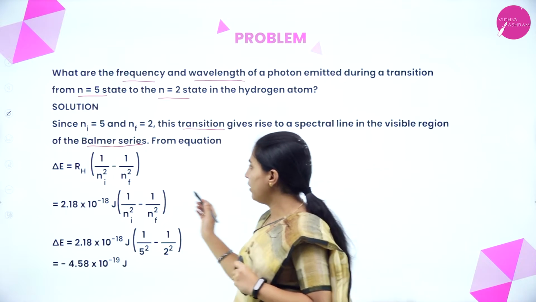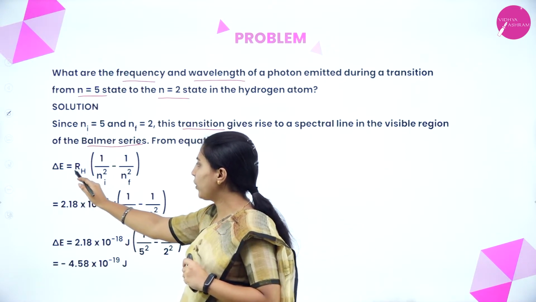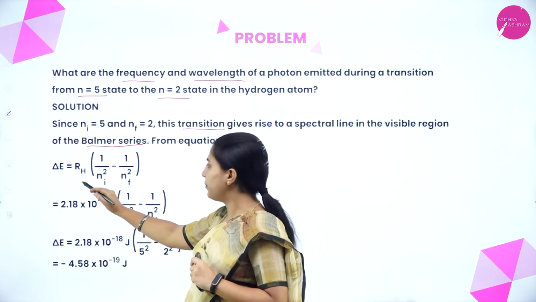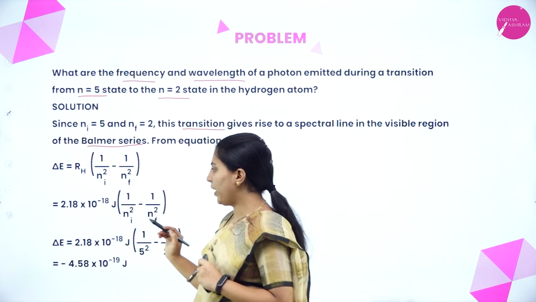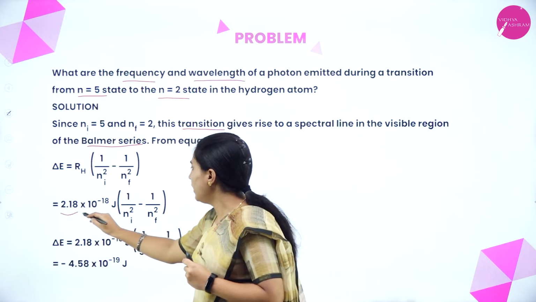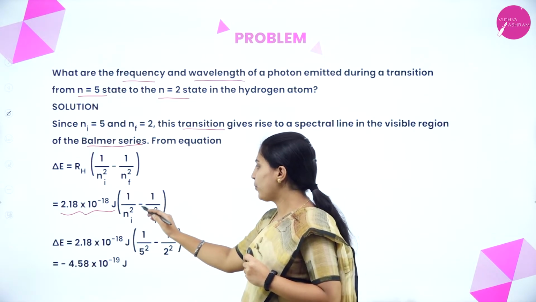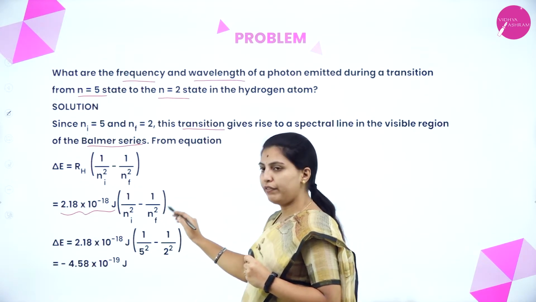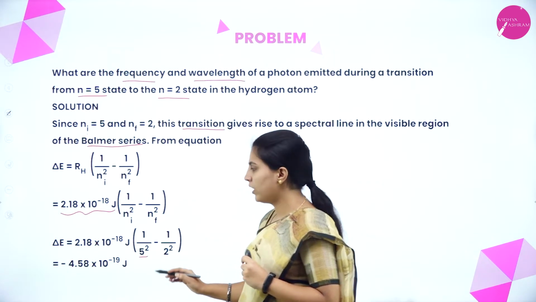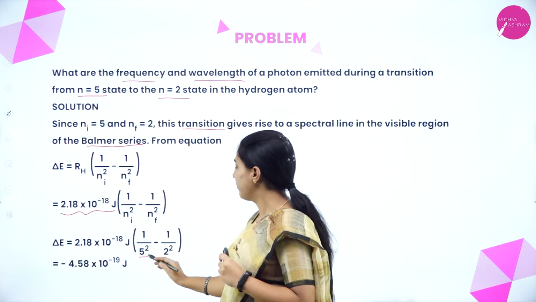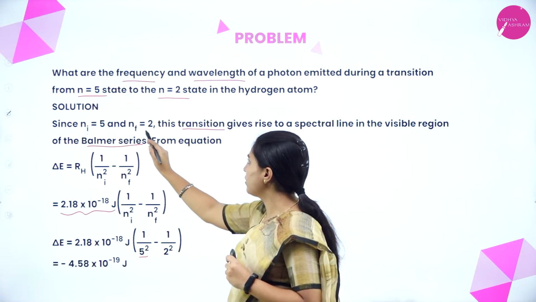From the equation, we know delta E equals RH, that is the Rydberg constant, into 1 by Ni square minus 1 by Nf square. Here Ni is 5 and Nf is 2.